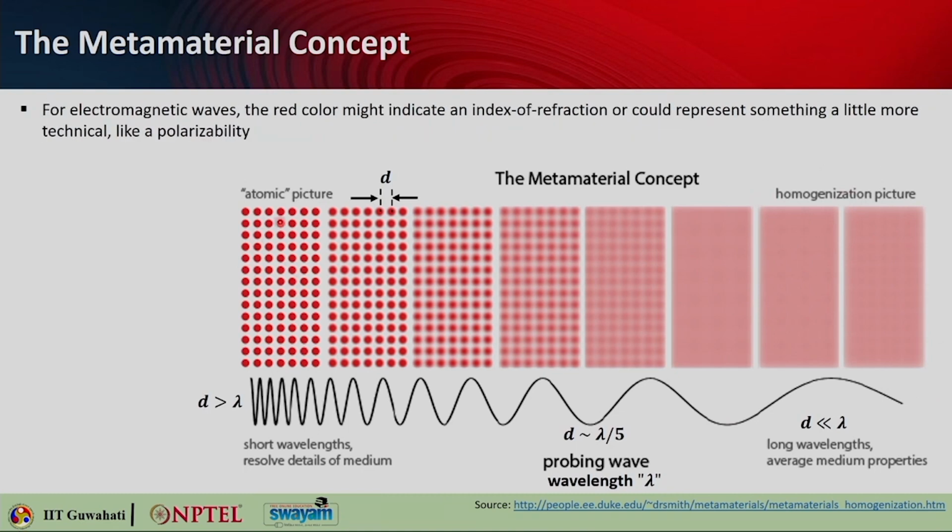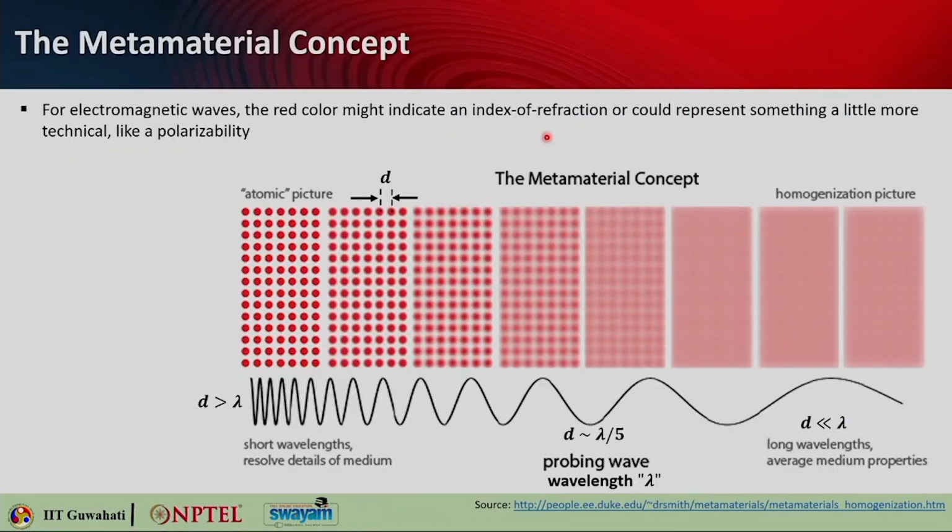Now what are these red dots? For a material they can represent the index of refraction, or something more technical, like the polarizability of a material. In this scale each of these can be individually seen, but when the wavelength is much larger, things get averaged out.